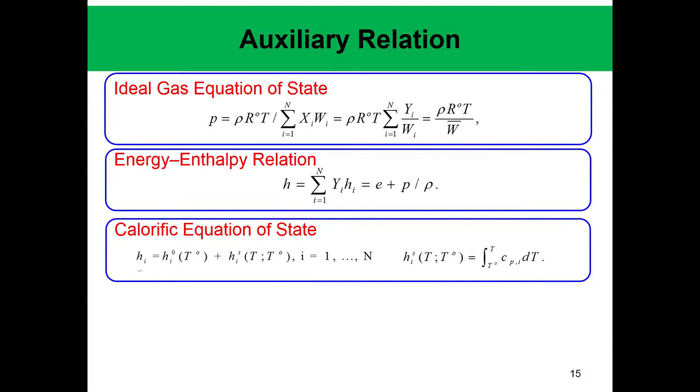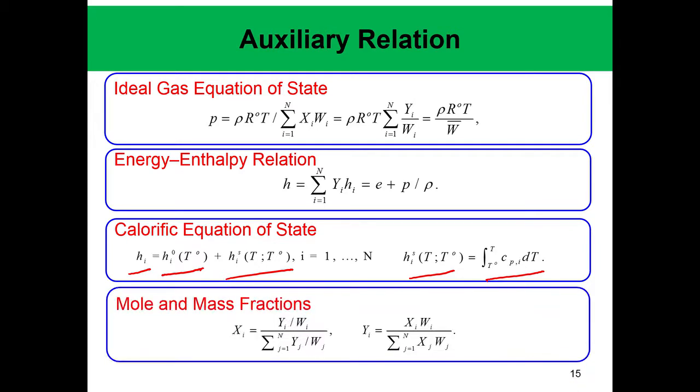Remember that the total energy we discussed is the sum of the enthalpy of formation at temperature T0 plus the sensible enthalpy at temperature T with respect to the reference temperature T0, and this sensible enthalpy can be written as the integral from T0 to T of Cpi, where Cpi is the specific heat of the ith species, times dT.